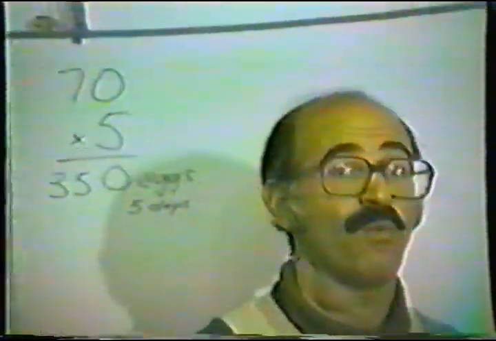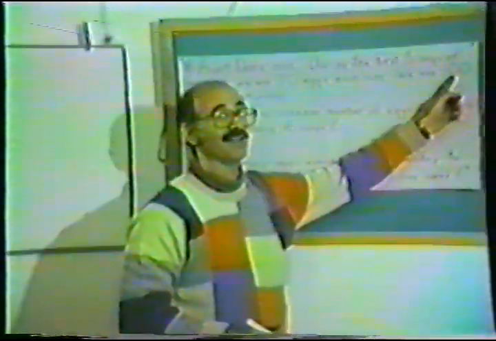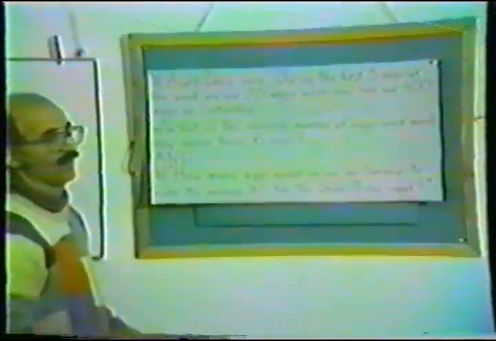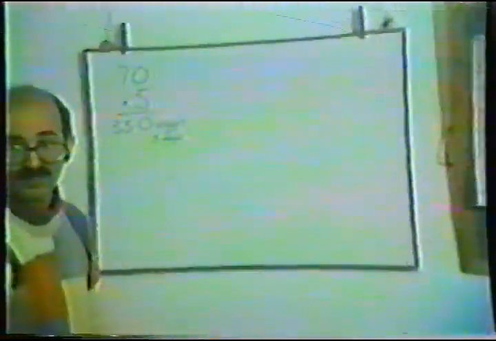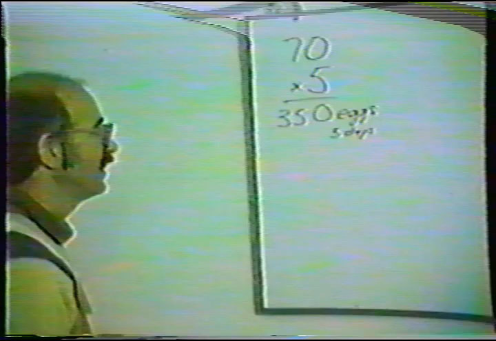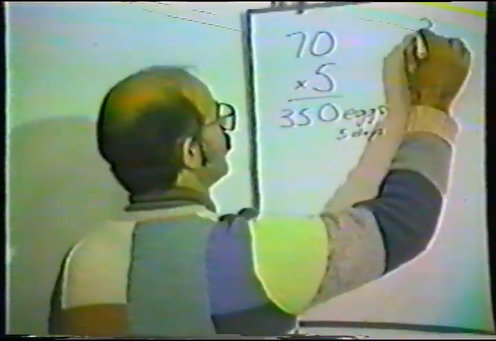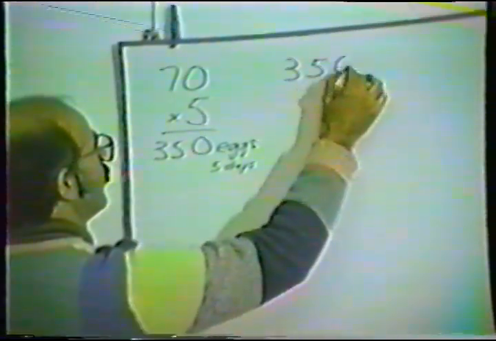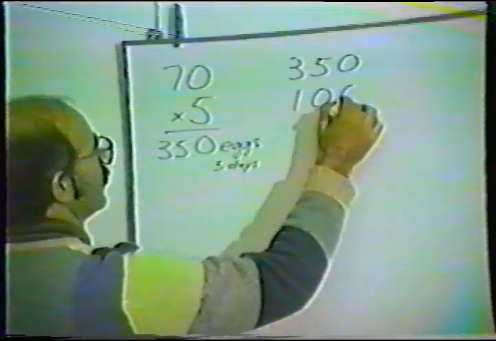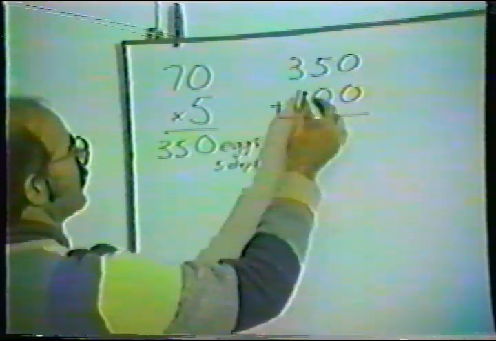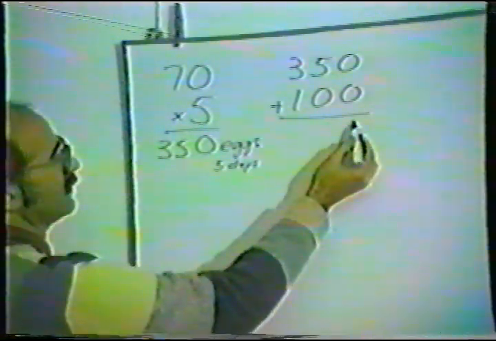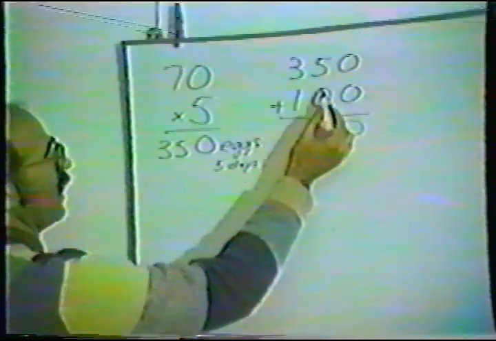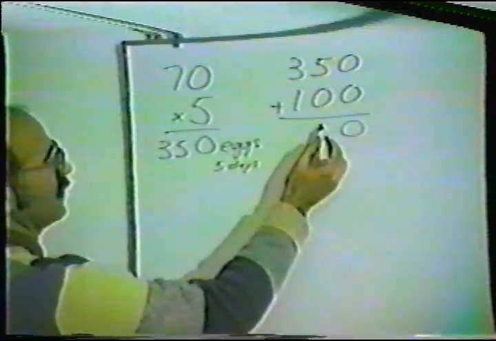We use 100 eggs on Saturday. What are we going to do with those 100 eggs? Add them. We're going to add them to the 350. 0 plus 0 is? 0. 5 plus 0 is? 5.